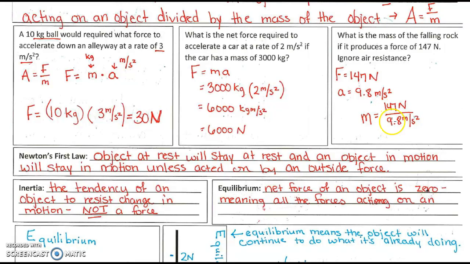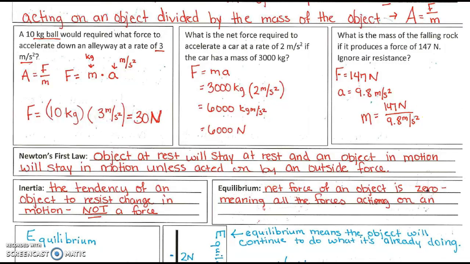And so we would get the force, 147, over the mass, 9.8, and we would get 15 kilograms. 15 kilograms for the mass.